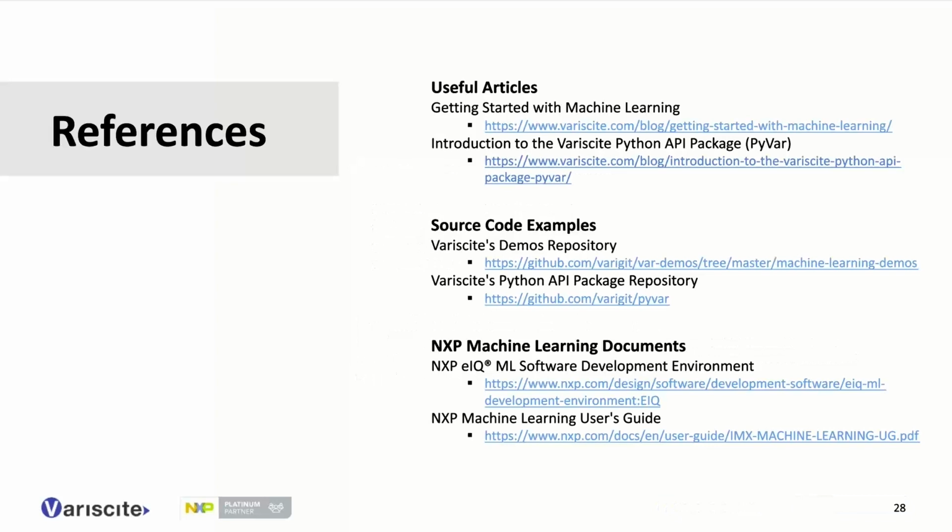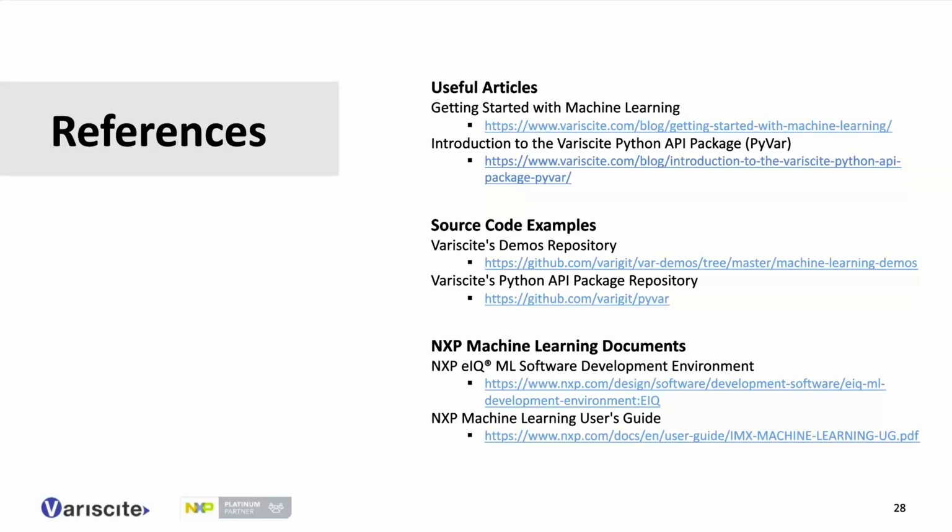Here are some useful articles that I really think, if you are interested in machine learning, you should read and try. We have this Getting Started with Machine Learning, which explains pretty much what I have told you. We have PyVar, which I highly recommend you use as well for learning.